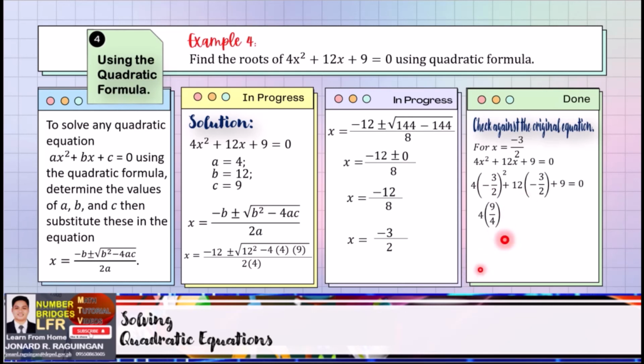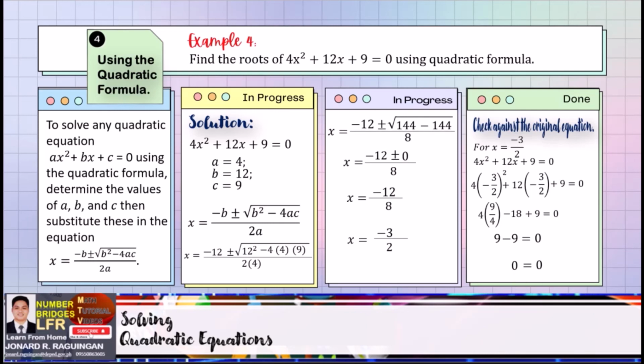Then simplify, that is 12 times negative 3 divided by 2, that is negative 18, plus 9 is equal to 0. Then simplify, that is 4 times 9 all over 4 is 9, negative 18 plus 9 is negative 9 is equal to 0. Then simplify, 9 minus 9 is 0 is equal to 0.